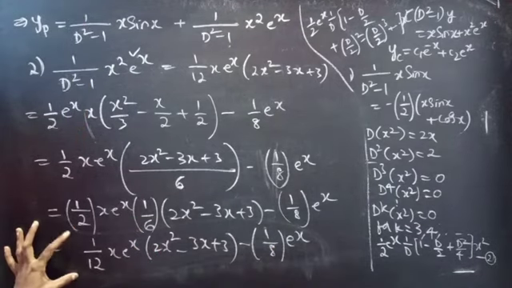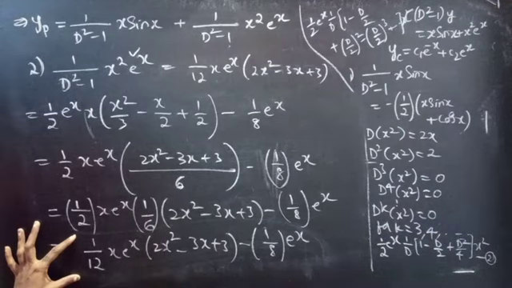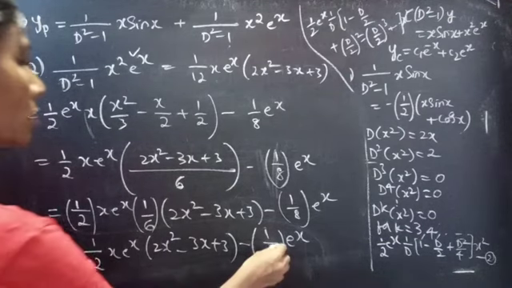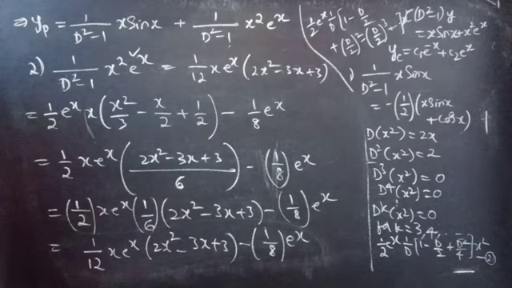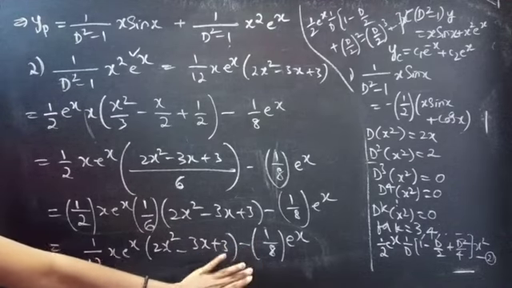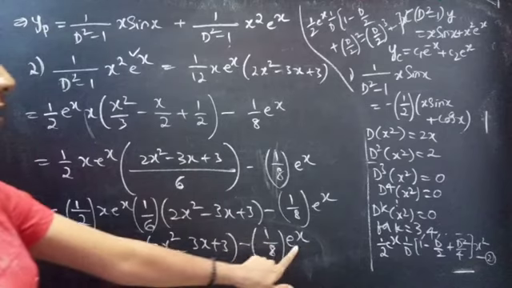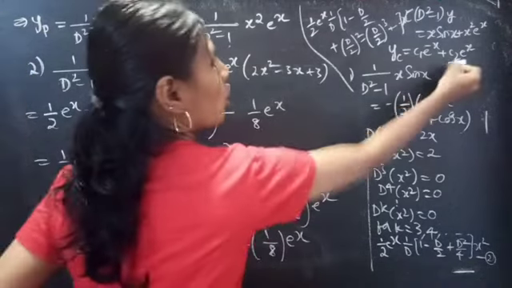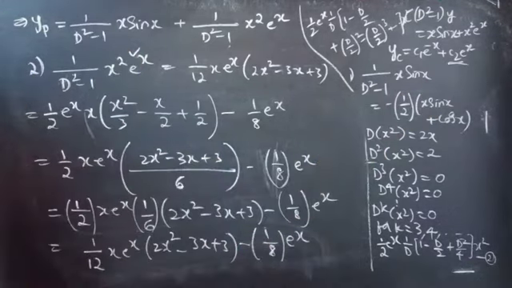This is by using the second method, and by comparing these two answers we have 1/8 e^x as an extra term by using the second method. Later, in the general solution, we'll add this 1/8 e^x to the constant. Then we'll get the same answer. Fine.